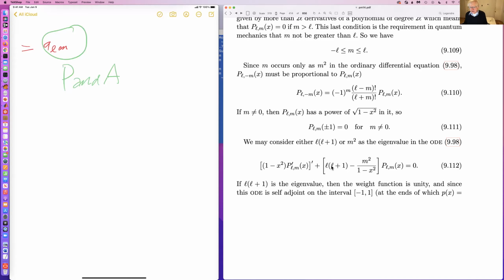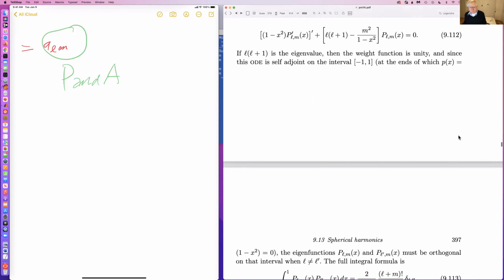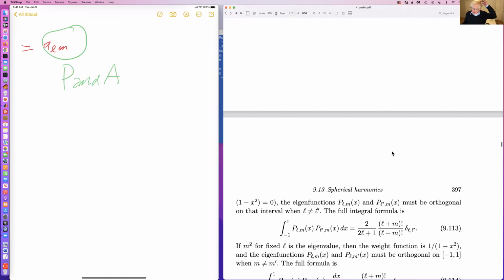And since the ODE is self-adjoint on this interval, at the end of which little p vanishes, the eigenfunctions must be orthogonal on that interval when L is not equal to L prime. And then one can derive this integral formula that P_L^M times P_L'^M is this combination of combinatorics times, the important thing is delta L, L prime.